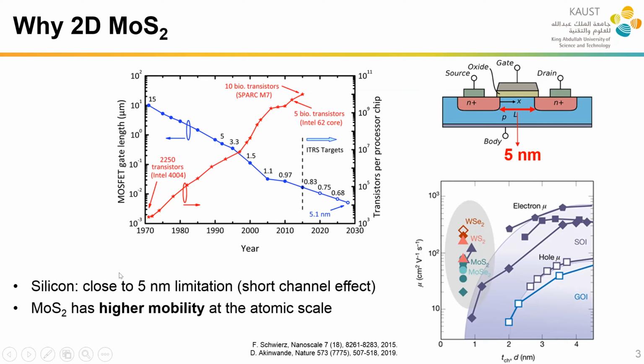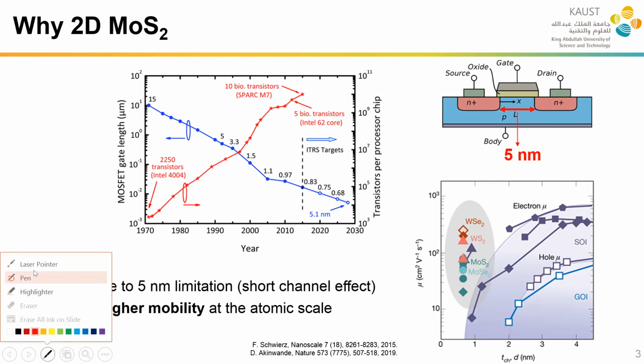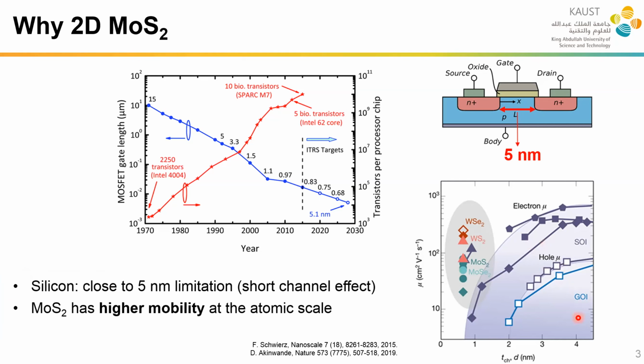So that's why people think that moly-sulfide is one of the very promising candidates, because it has very little short channel effect, and the thickness of moly-sulfide can reach less than 1 nanometer. Let me use the laser pointer. From this graph, we can see that another advantage of 2D semiconductor is over silicon.